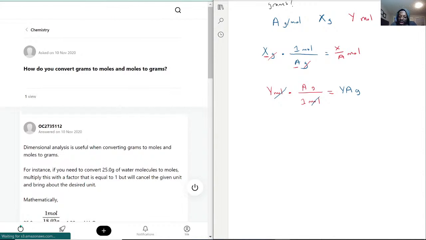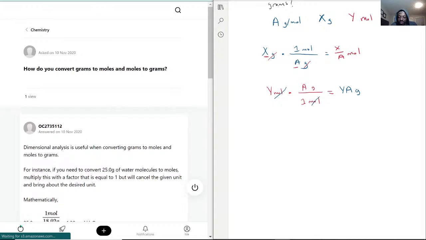Funny enough, if we took that 0.5 moles of hydrogen and used it as y, and multiplied it by 2.016, which is still the molar mass, you would end up back at the original question: 1 gram of hydrogen, H2.